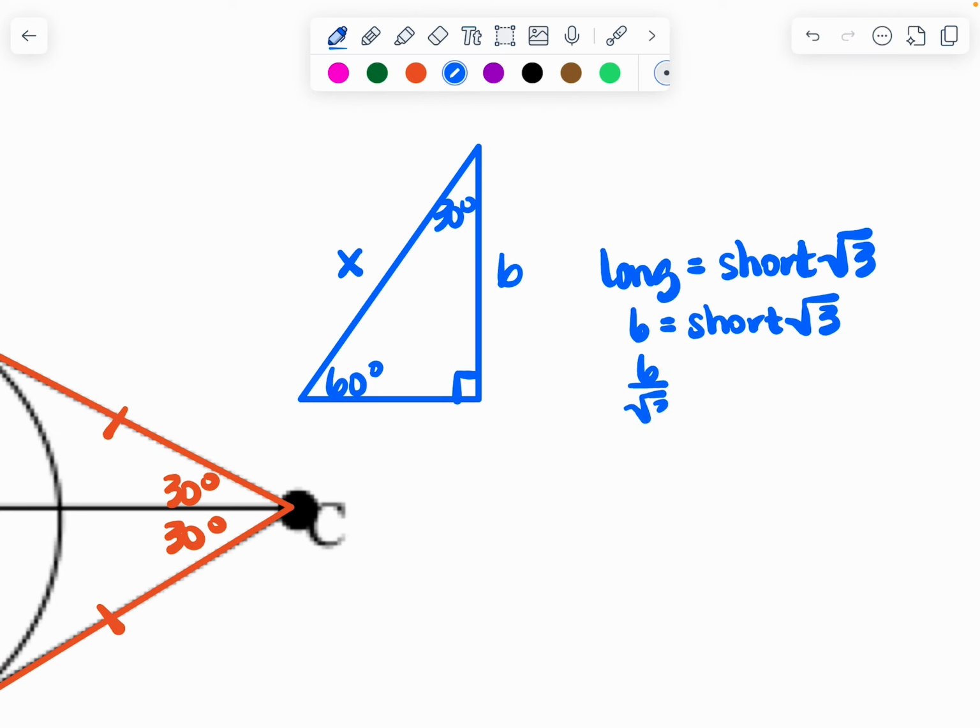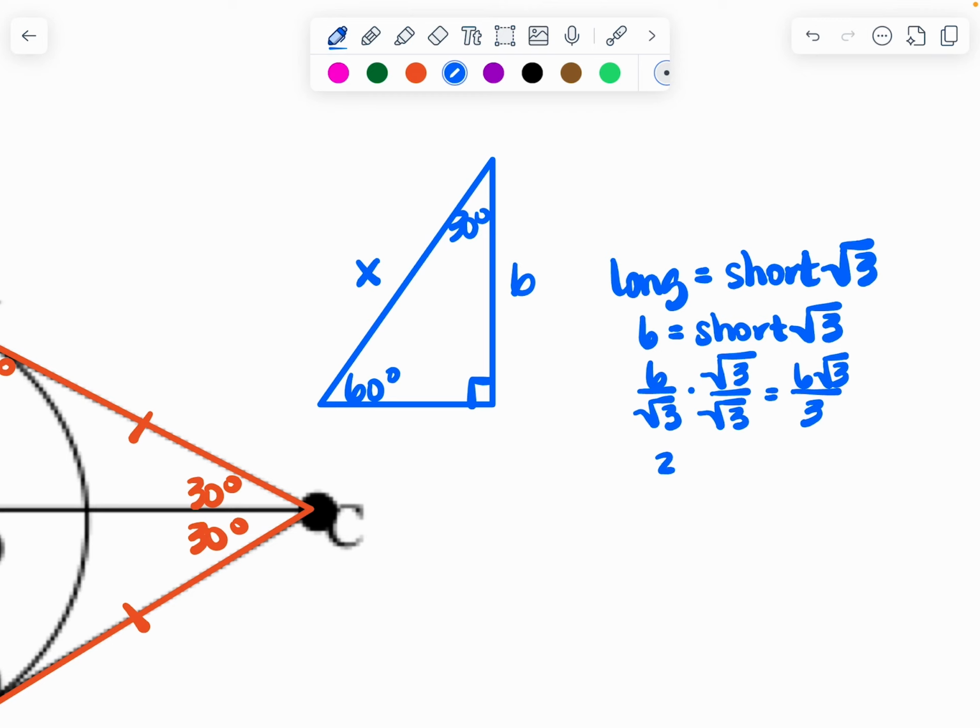So that means that 6 over root 3 is the short leg because I've got to divide by root 3 on both sides. Then I have to rationalize my denominator, which is going to give me 6 root 3 over 3, which is going to give me 2 root 3. Oh my goodness. And that's the short leg.